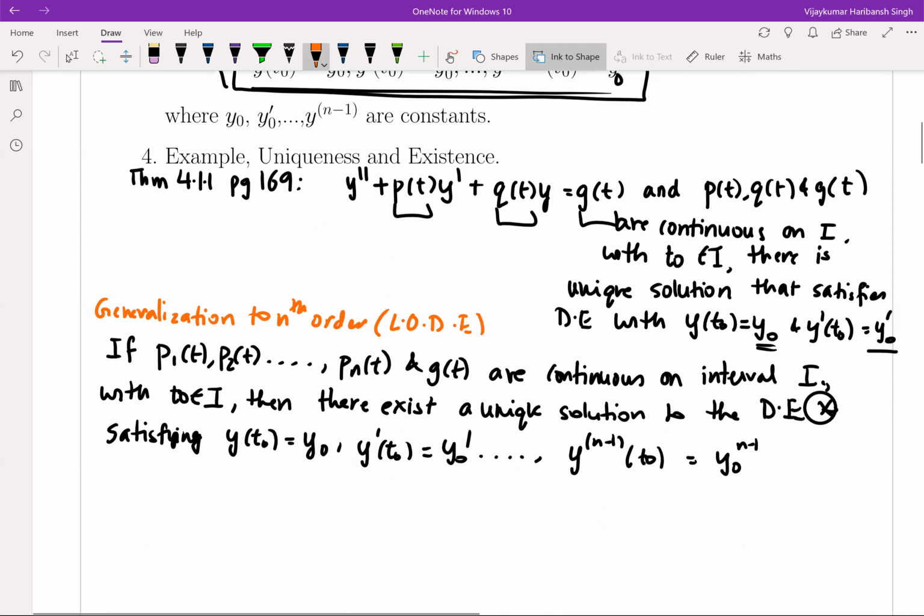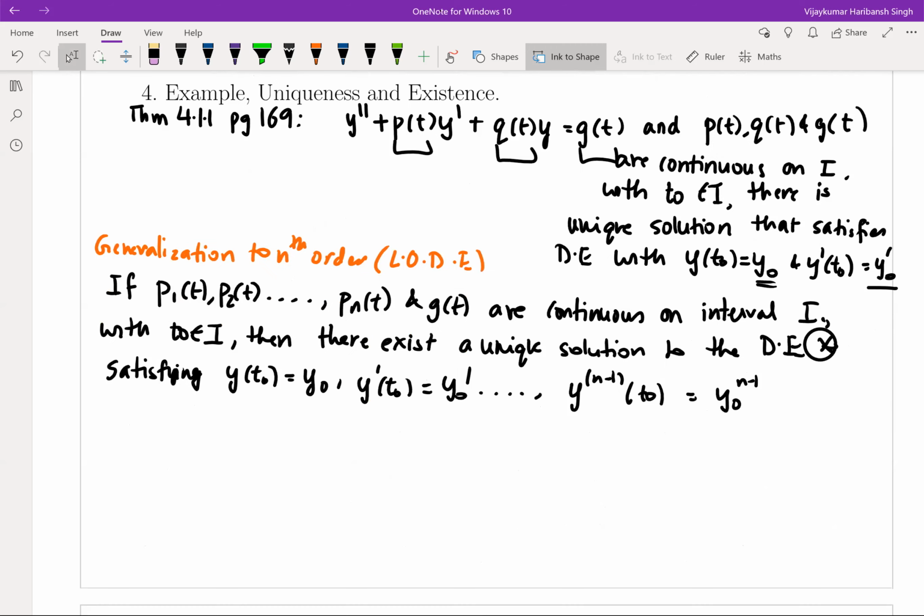So now let's look at an example. Let us consider t y triple prime plus sine t times y prime, y double prime, plus 3y equals cos t.